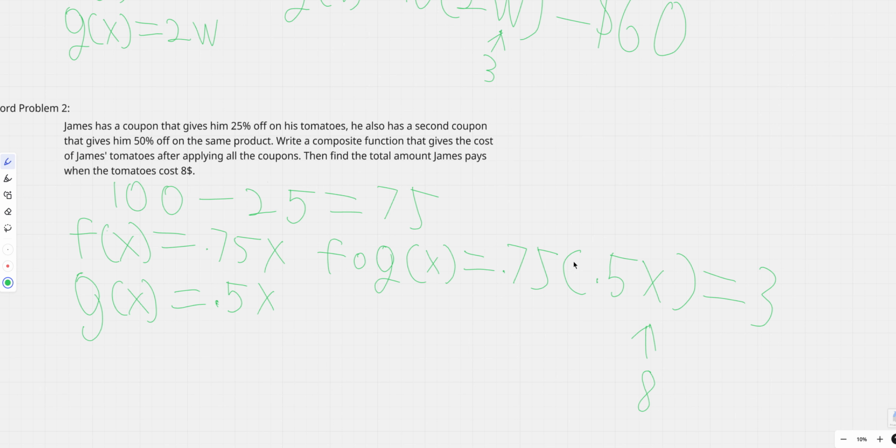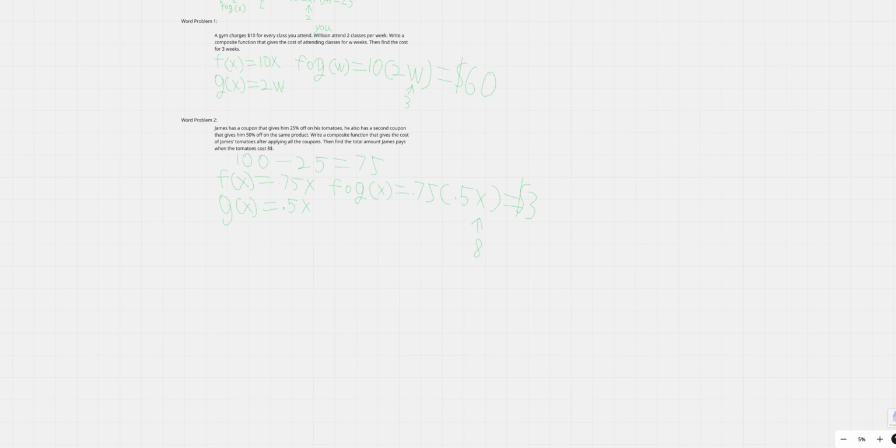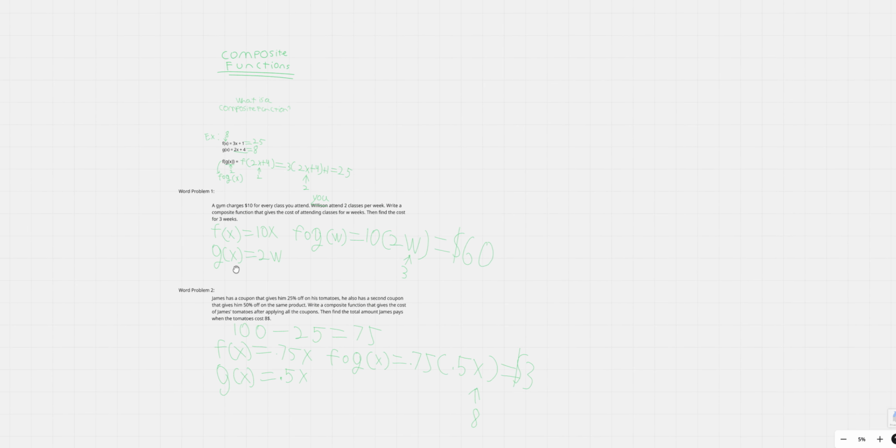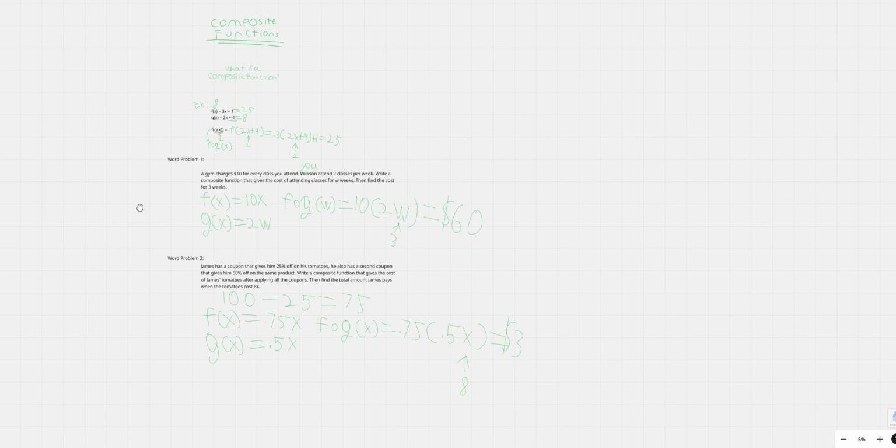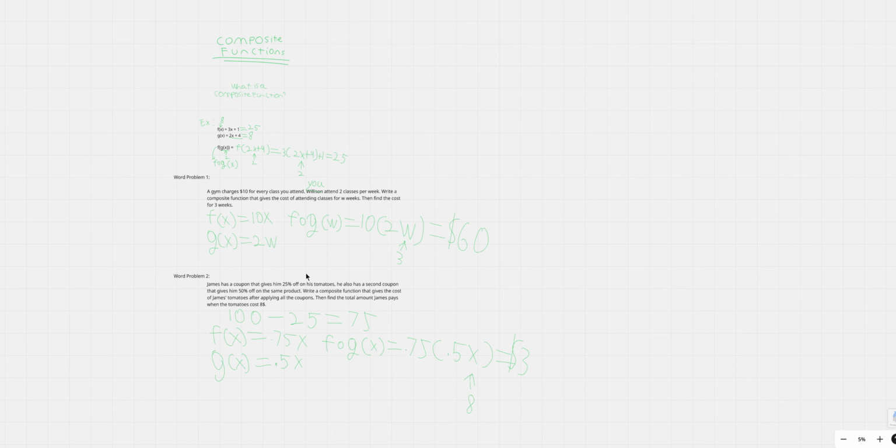That's the cost with applying all the coupons. This is composite functions.